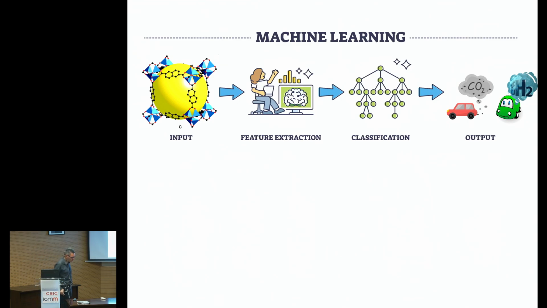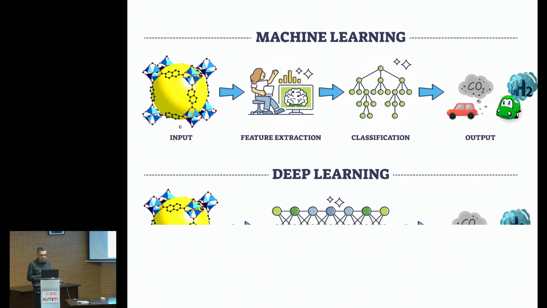Okay, let's go now to more recent stuff, like deep learning. What's the difference between deep learning and machine learning? Machine learning has an input, some materials or whatever. The user has to do the feature extraction, and then can do some classification and find some properties like hydrogen or CO2 storage.